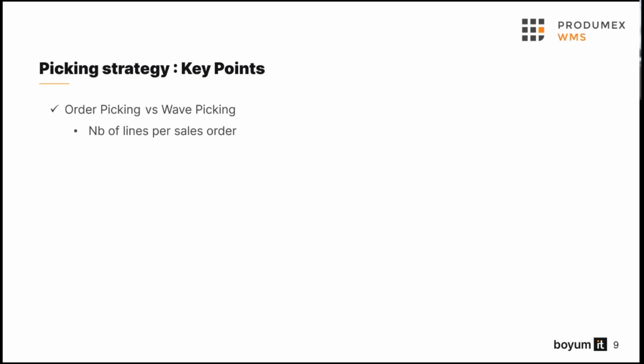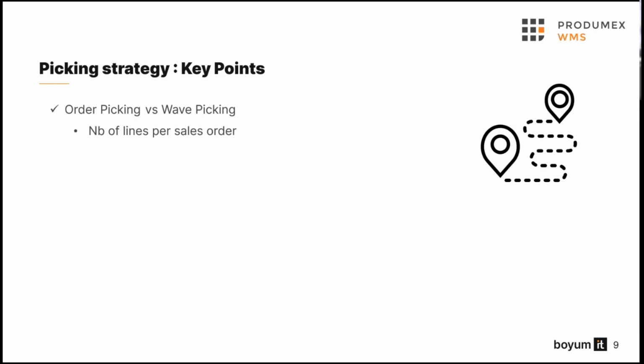On the contrary, if you have only a few lines, 1 to, I don't know, 3 lines per sales order, 99% of the time you are going to do wave picking, because in that case it doesn't make sense to go into the warehouse and pick only one item, then go back to the dock. Your warehouse keeper will do a marathon, and so finally you will lose time just walking in the warehouse but not picking the goods. So it's probably the most important criterion.